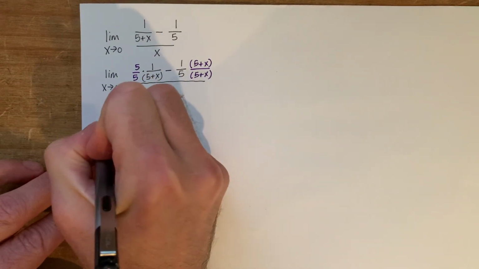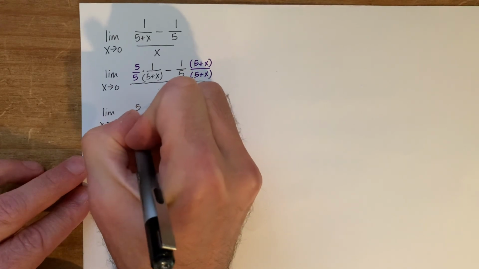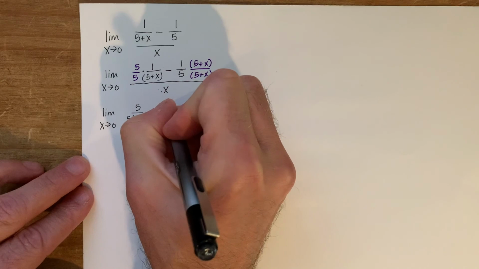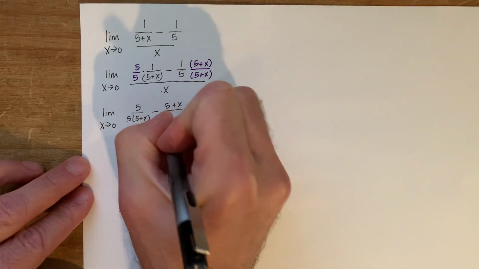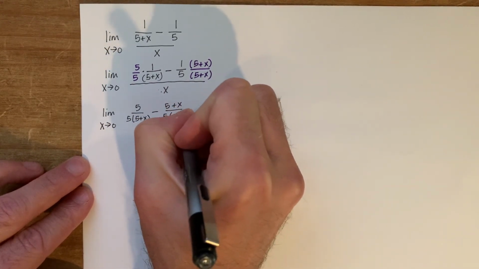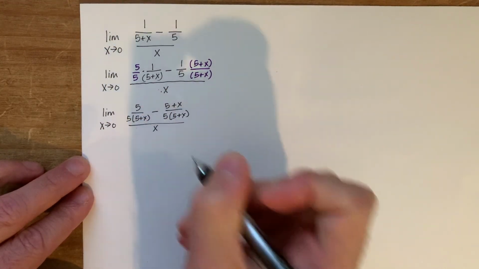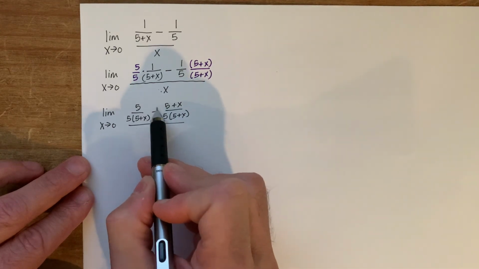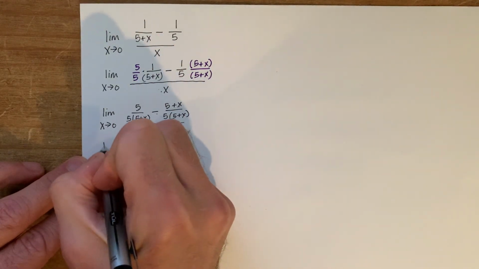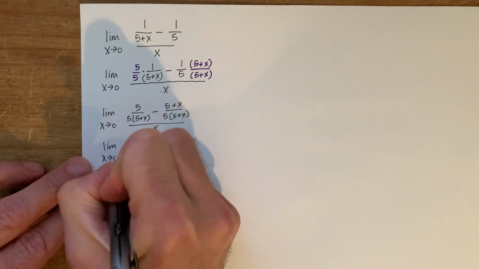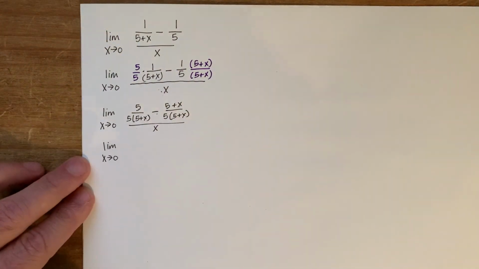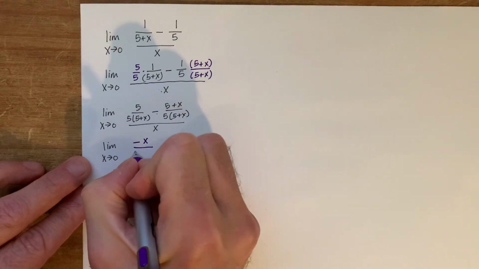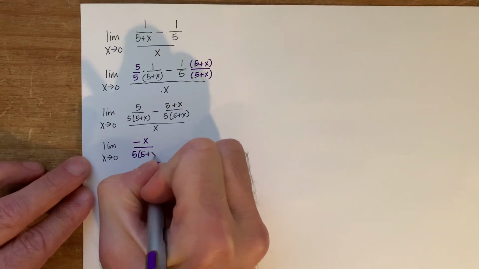So on top here, I have 5 over 5 times 5 plus x, minus 5 plus x over 5 times 5 plus x, all over x. Now when I subtract here, I have 5 minus 5. I also have to be careful to subtract the x. 5 minus 5 is getting me 0. So in the numerator here, I end up with negative x over 5 times 5 plus x.